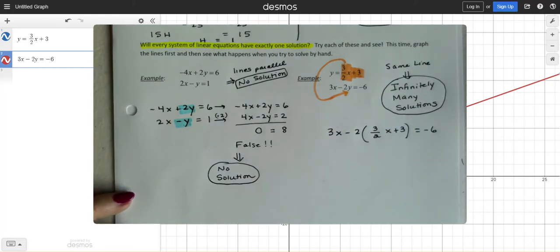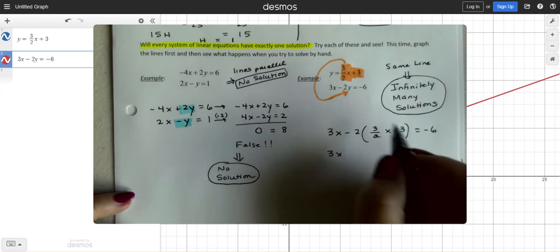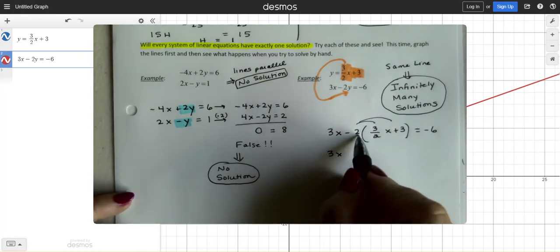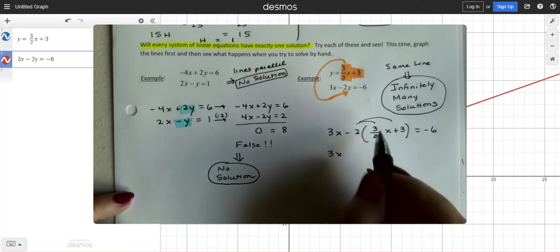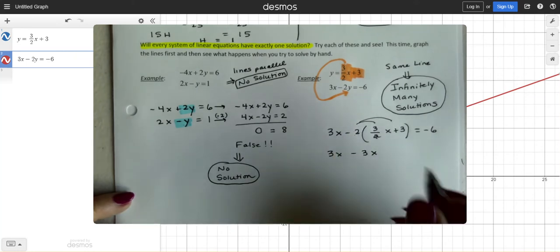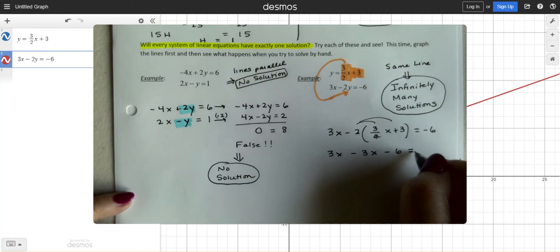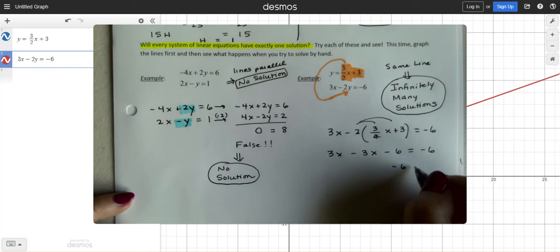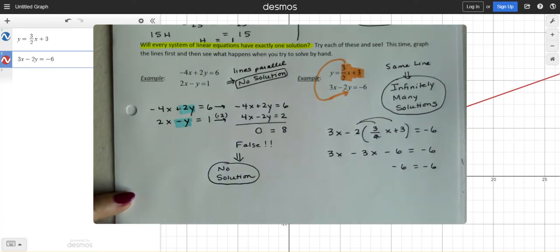So I have 3x. I'm going to distribute the negative 2. So here the 2's will cancel and I'll just get minus 3x. And then negative 2 times 3 is negative 6. 3x minus 3x is 0. So I have negative 6 equals negative 6.